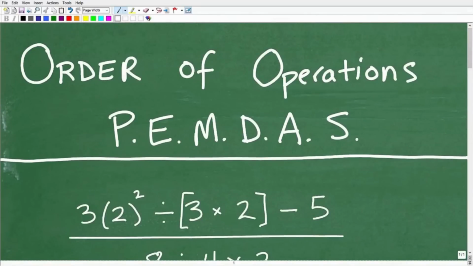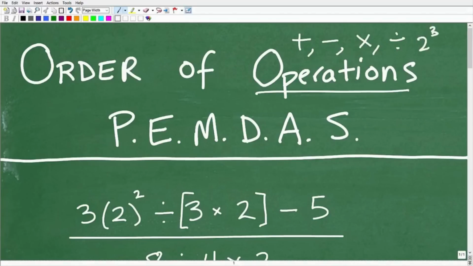This means something, right? Well, in mathematics, operations are things like addition, subtraction, multiplication, division, powers. These are examples of mathematical operations. These are mathematical operators, and we need to follow a particular order.